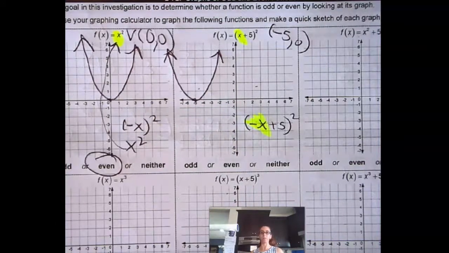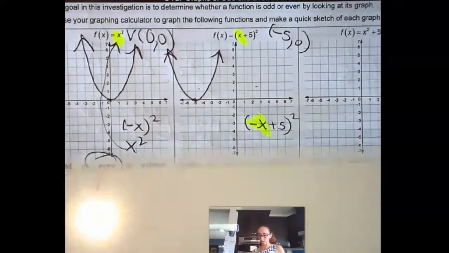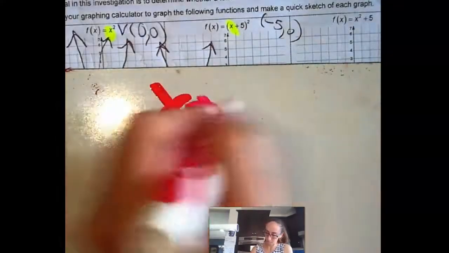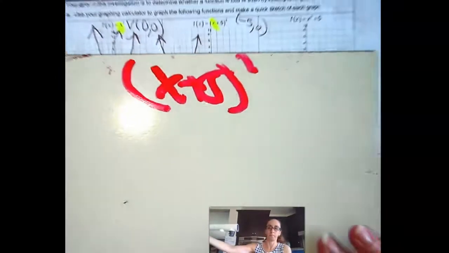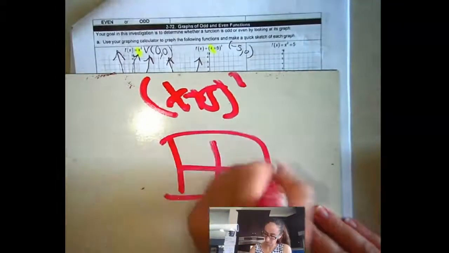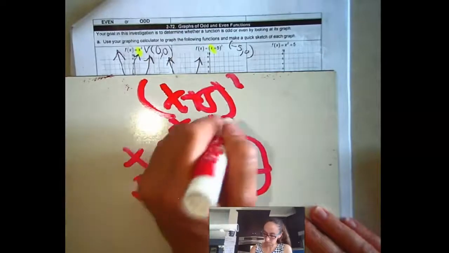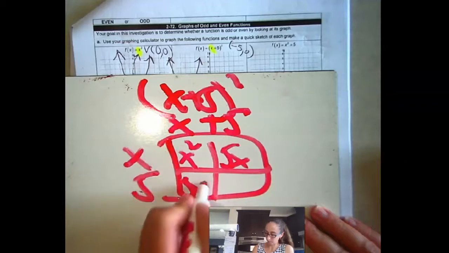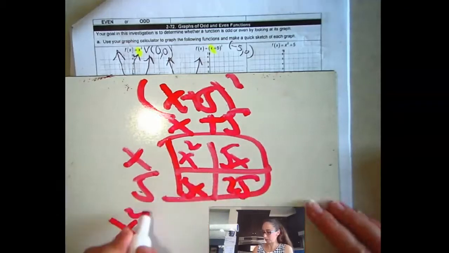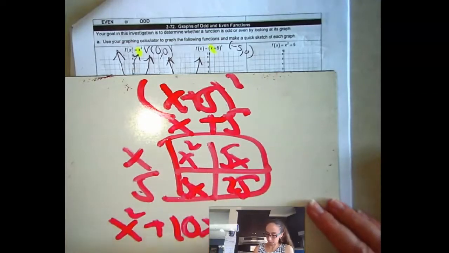Some of you are like, well, I can't really tell if it's even or odd. So, what I would have to do is I would box this out. Let me zoom out a little bit. x plus 5, x plus 5, x squared, 5x, 5x, 25. This is x squared plus 10x plus 25.